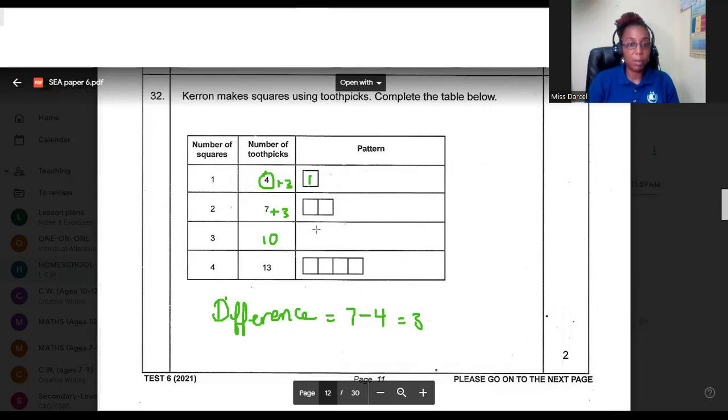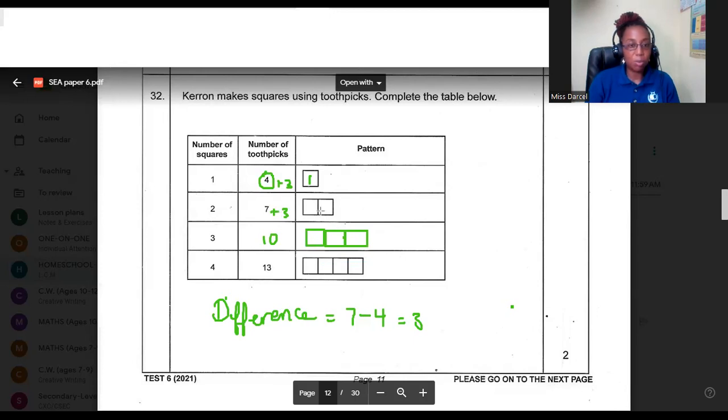So let's draw some boxes. My boxes are not going to be perfect. Right? So if you did it manually, you would simply count them. So you'll be like, okay, I have 2 so far, so you just added on a third one.